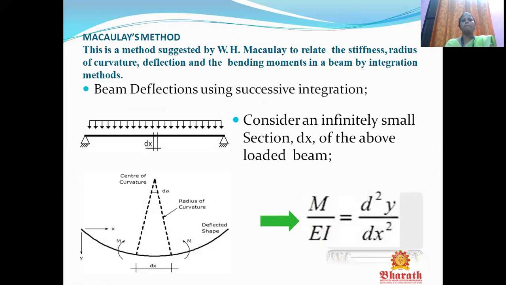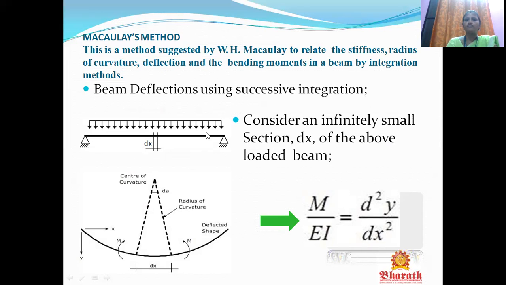Next, coming to Macaulay's method. This is a method suggested by W.H. Macaulay to relate the stiffness, the curvature and deflection, and the bending moments in a beam. For example, consider a simply supported beam. Look at the picture here: one simply supported beam with a uniformly distributed load.